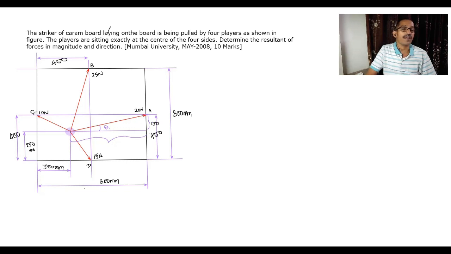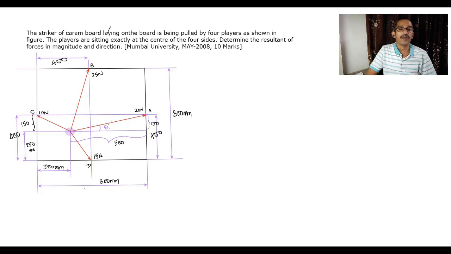Even on the left side, where the 10 Newton force is applied, this dimension is again 150 mm. Now for the 20 Newton force, to find angle theta 1, the length of the opposite side we know. For the adjacent side, the total is 800 and the striker is at 300 mm from the left side, so 800 minus 300 is 500 mm.